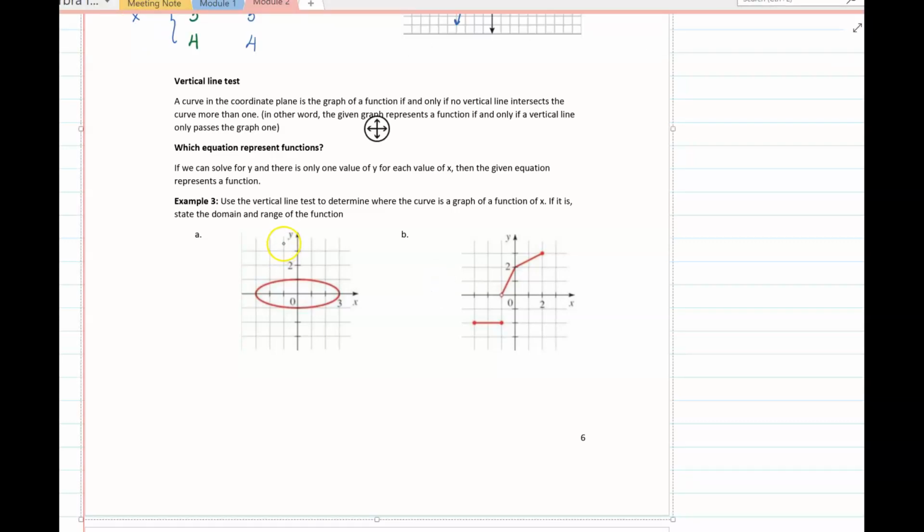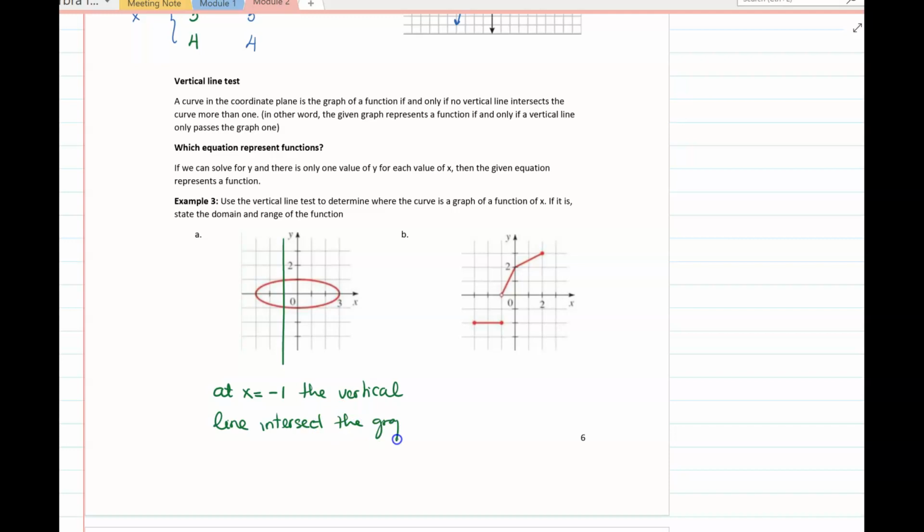Let's say in the first graph, here I can see that at x equals -1, the vertical line passes the graph at 2 points. This means this graph does not represent a function.